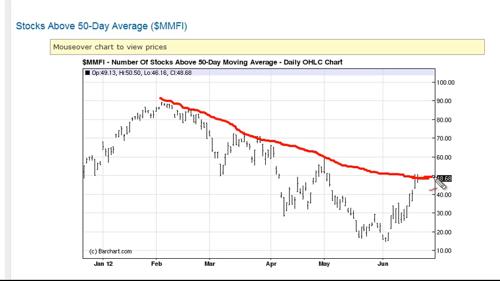You can see here we're pretty much at the 50 percent mark now, meaning only half the stocks in the equities market are trading over their 50-day moving average, which is a pretty major moving average for long-term trends. So the fact that we're up at this level, that's a lot of stocks, half the stocks more or less bumping their heads on the 50-day moving average, and we could see another move down in the equities market going through the summer if we see the US dollar take off and more uncertainty kind of unfold in Europe.